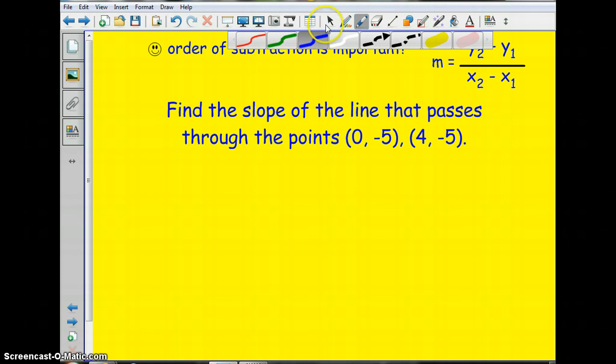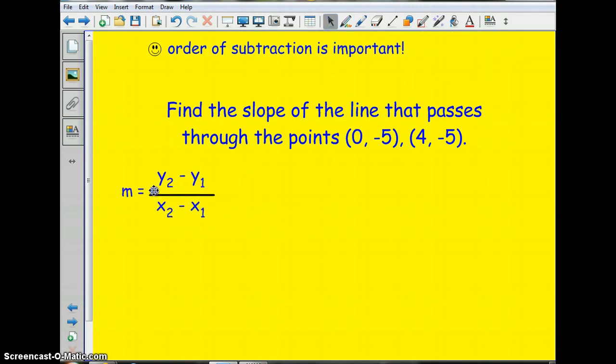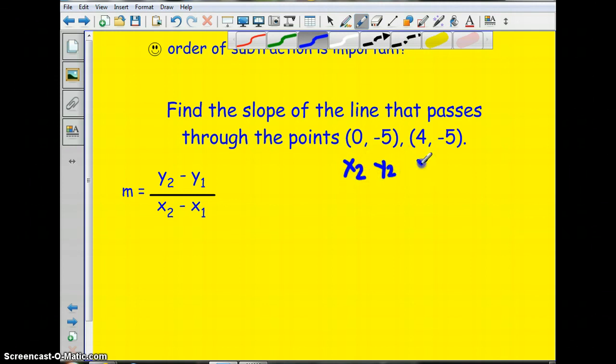Next one. Again, just identify your x sub 2, y sub 2, and your x sub 1, y sub 1. So I have a negative 5 minus a negative 5. Be careful with your negatives, guys. I know you guys have a hard time with leaving your baby at Walmart, but be careful with your negatives.